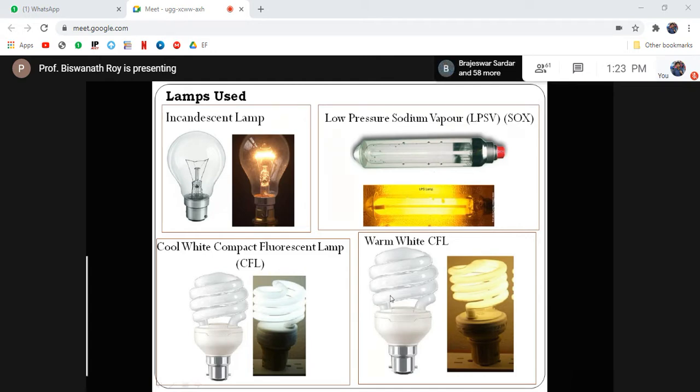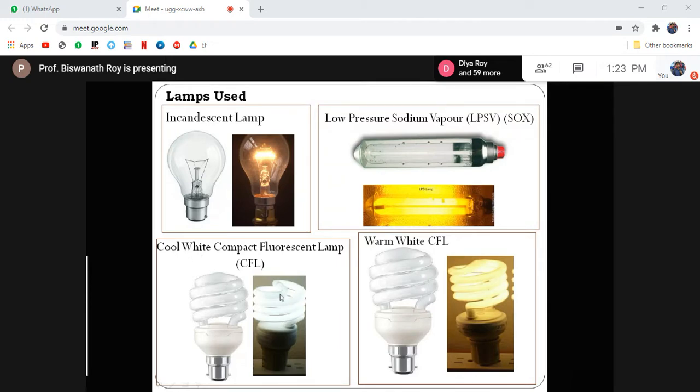Similarly, these 2 types are called compact fluorescent lamps. These 2 are also low pressure mercury vapor lamps, and this is the spiral discharge tube. In the same way, this is the color appearance of the lamp. The color is bluish white, that's why it is called cool white. There is no connection with temperature.